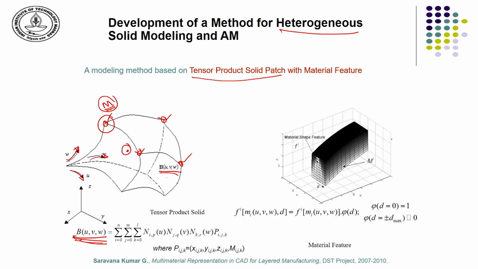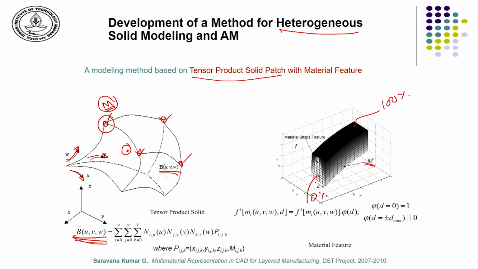As an example, to the right you see one material feature which is the density of the solid, and you see a variation in terms of grayscale in this solid domain. You see dark phase here, meaning 100% dense, and you have regions which are very close to say 0% dense.